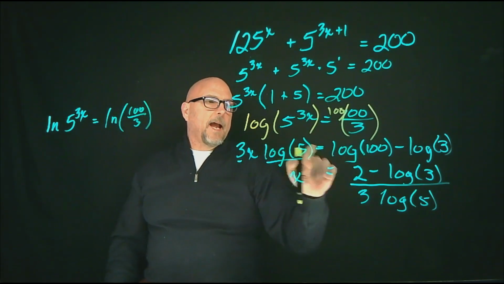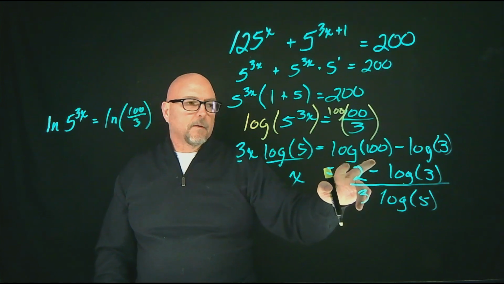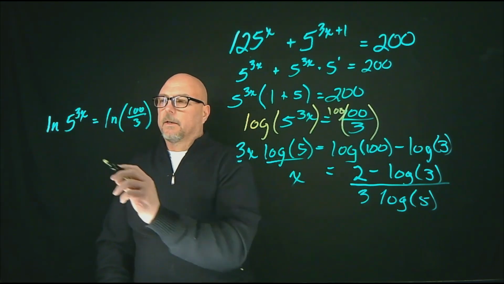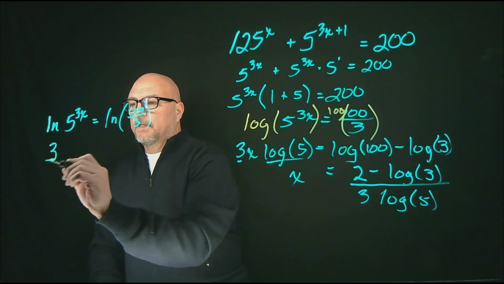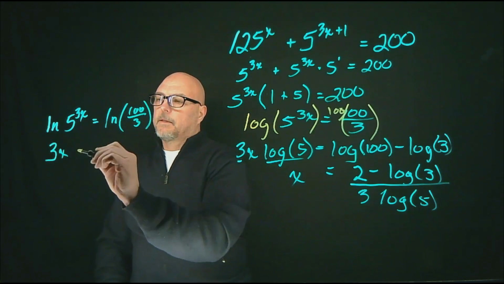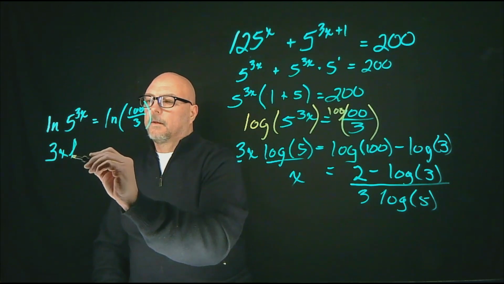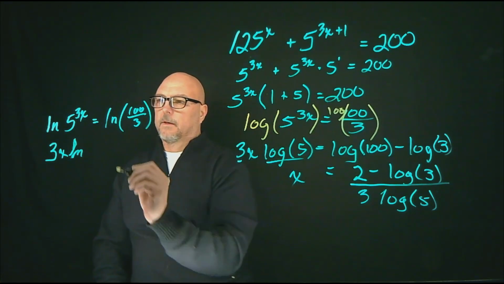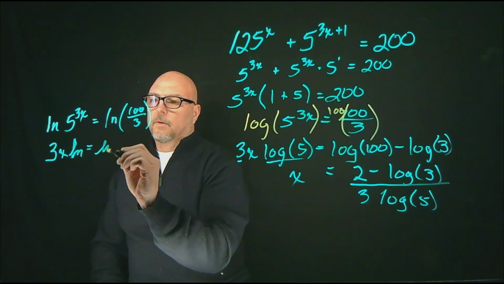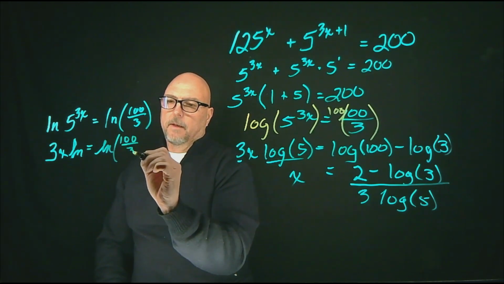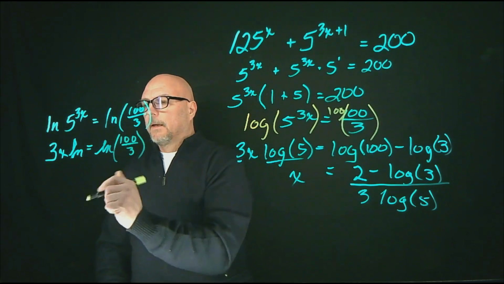So the one thing that doesn't happen here is I don't have a common log of 100, which is 2. I have just all natural logs in here. So I'm going to bring this exponent down, the 3x.